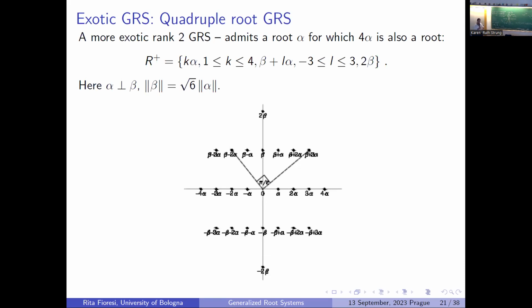If you try to verify the axioms, it takes a while, but this is generalized. I put it there, and I will show you again a slide in the classification, because actually this is the highest, 4. You cannot have a 5 alpha.